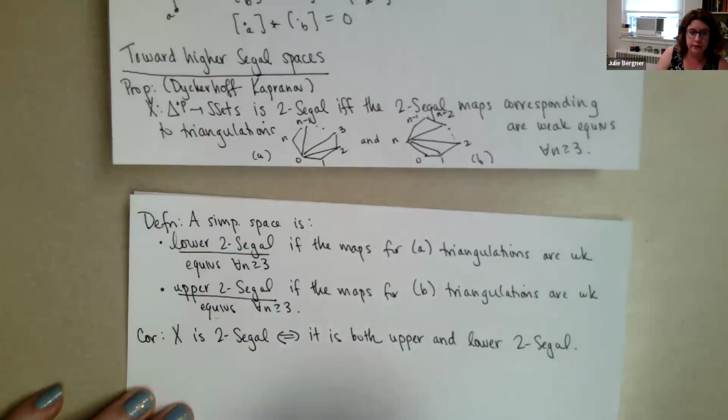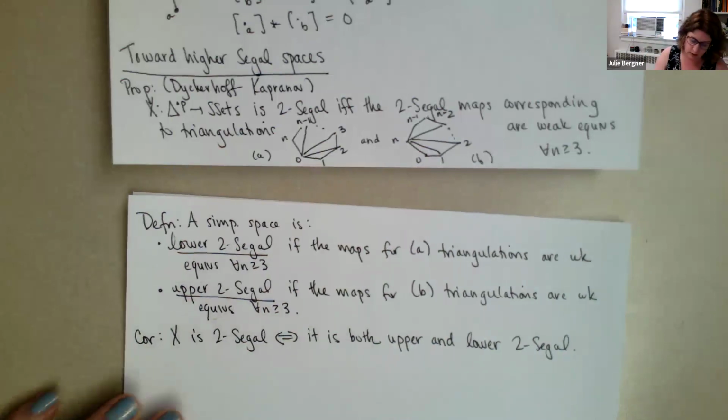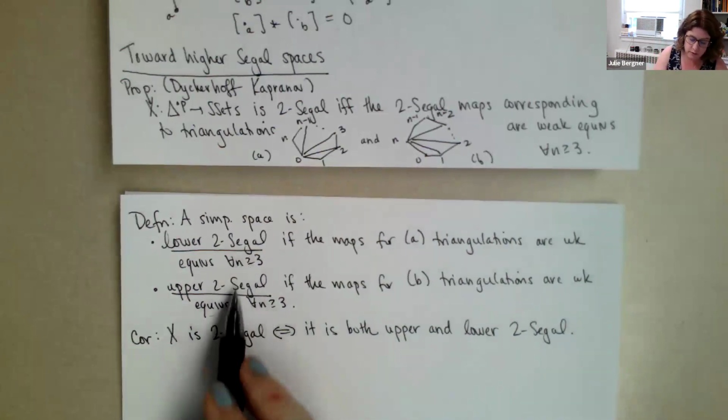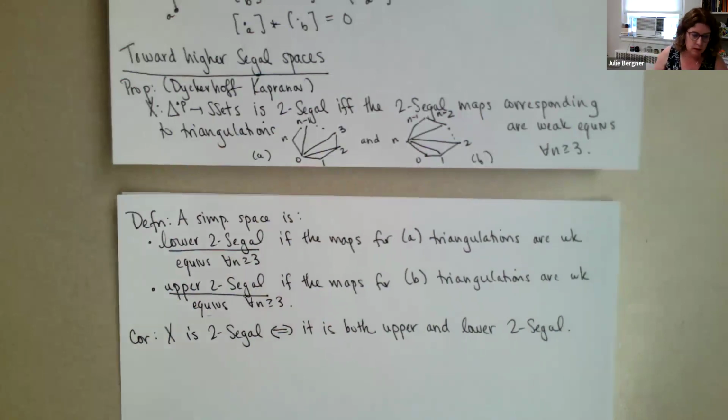And we very briefly saw lower 2-Segal in the second lecture when I talked about how if you apply the S dot construction to a category with cofibrations, that will be lower 2-Segal, but not necessarily upper. So there are examples of these.